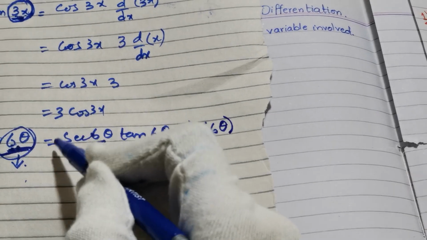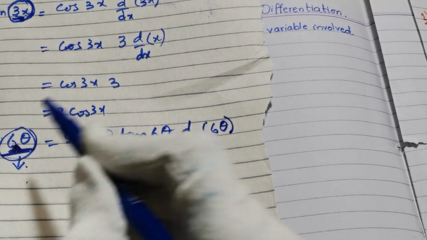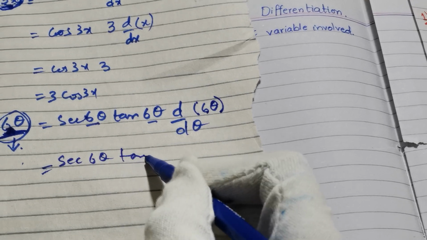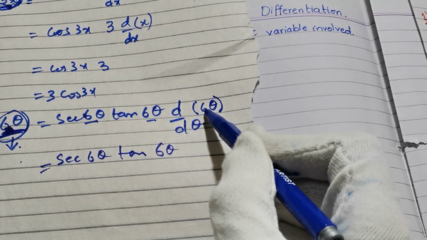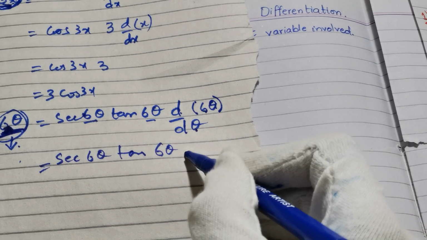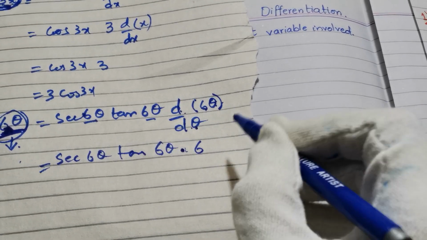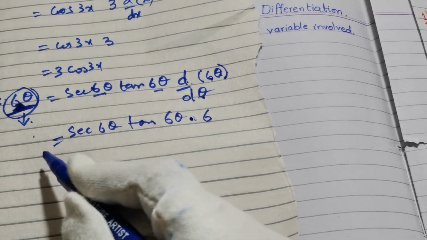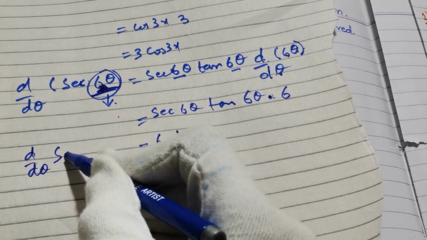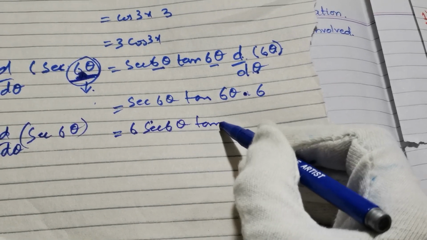Derivative of theta with respect to theta is 1 and 6 is constant, so we'll write it outside, and there is no need to write 1. So derivative of 6 theta is 6. Derivative of secant 6 theta is equal to 6 secant 6 theta tan 6 theta.